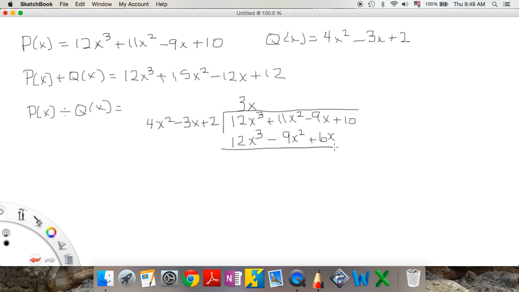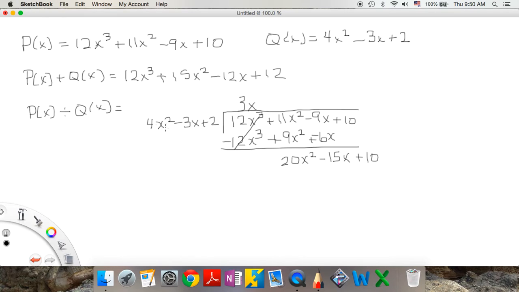And then just like with regular division with numbers, we subtract all that, which means all these signs are going to change. And of course, those are going to cancel. That's what we were trying to get. And we get 20x squared minus 15x, and then bring down the plus 10. So it's just like with regular numbers. We just have to have some variables in there.